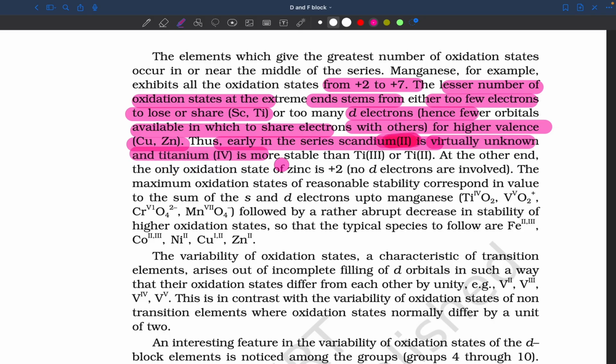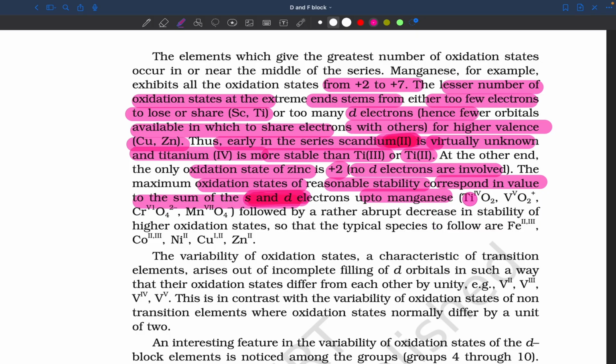Titanium +4 is more stable than titanium +3 and +2. At the other end, the only oxidation state of zinc is +2. No d electrons are involved in the bond formation. The maximum oxidation state corresponds to the sum of the s and d electrons up to manganese, starting from scandium to manganese.